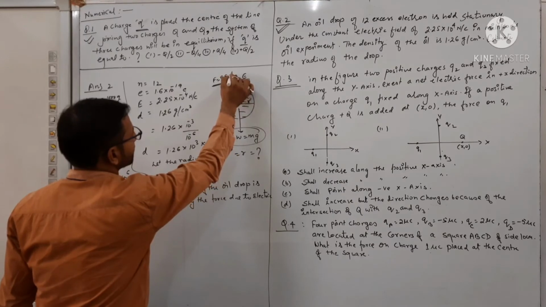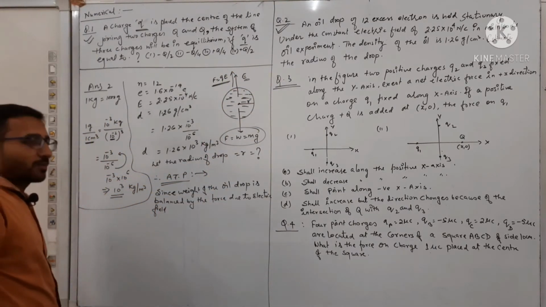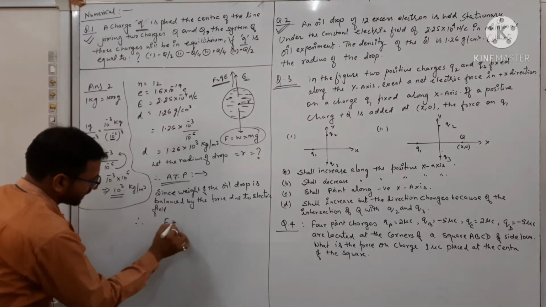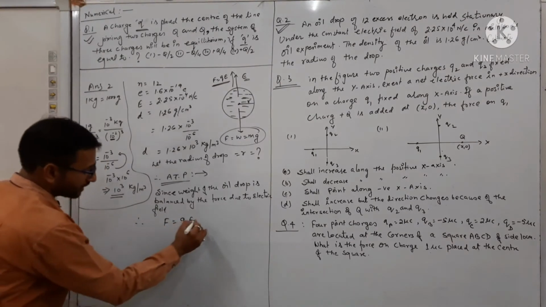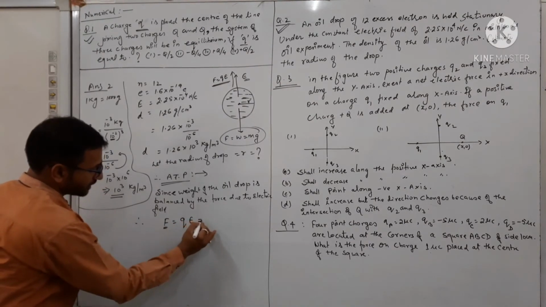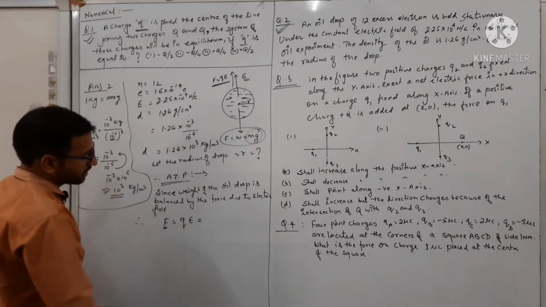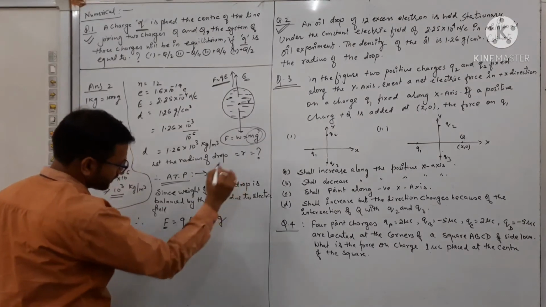This force, which is in the vertically upward direction, will balance the oil drop here. So we can say F is equal to, therefore we can write directly, F is equal to QE, and this force is balancing the weight of the oil drop. So it is equal to mg.